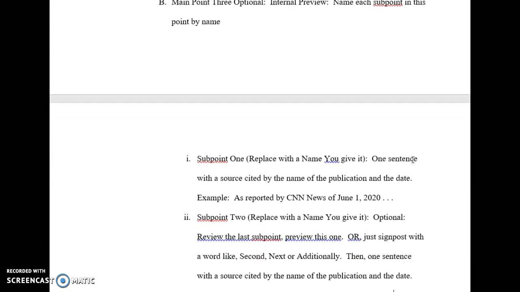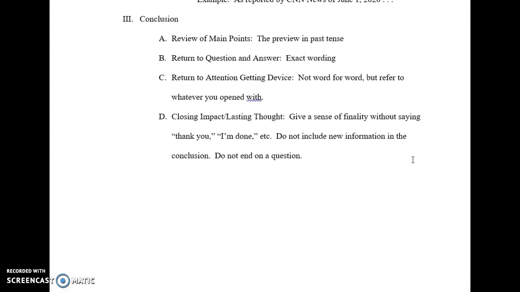And then after you've finished all of your main points, you will get to your conclusion. Your conclusion should start with a review of main points or a wrap-up. And this is the preview in the past tense. So if your preview of main points, which is the last sentence of your introduction, was something like, today we will discuss the problems, causes, and solutions of our police departments, then your review of main points will be, today we have discussed the problems, causes, and solutions of our police departments.